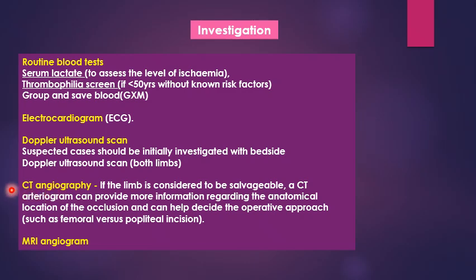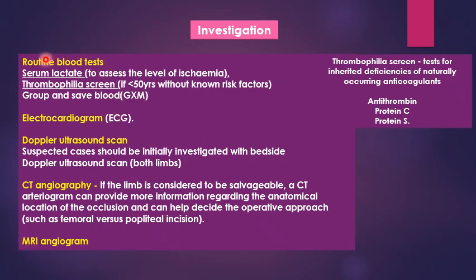And CT angiogram, if the limb is considered to be salvageable, that means stage 1 and stage 2, a CT arteriogram can provide more information regarding the anatomical location of the occlusion and can help decide the operative approach, such as femoral versus popliteal incision. And nowadays, MRI angiogram is also becoming more popular.